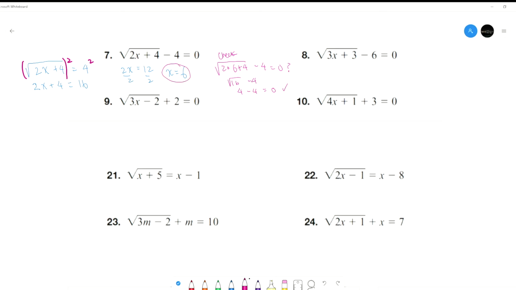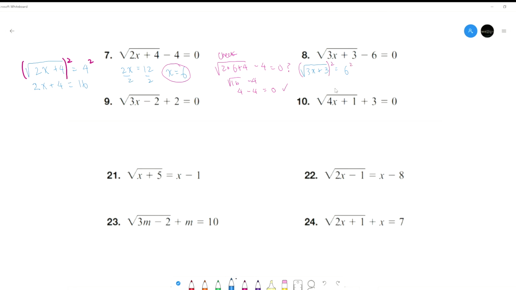So hopefully you got that. Let's try the next problem. Number 8, same deal, right? This is the radical here. We have to add the 6 to both sides, right? So we have the square root of 3x plus 3 is equal to 6. And we can square both sides.